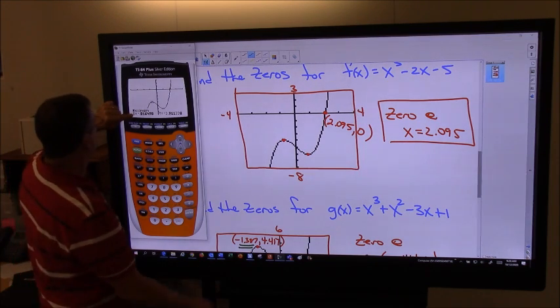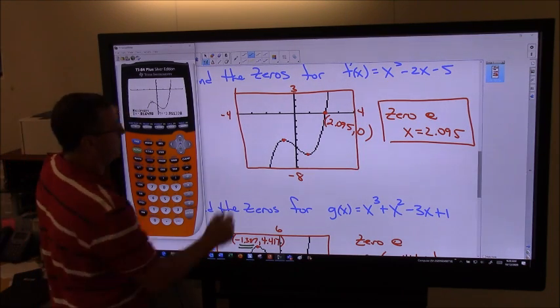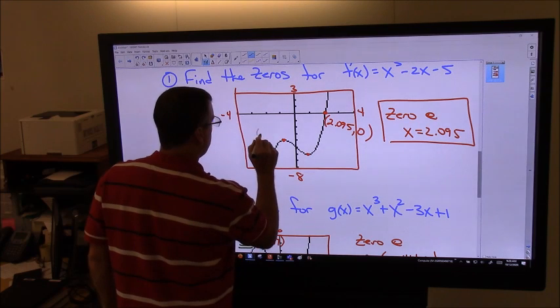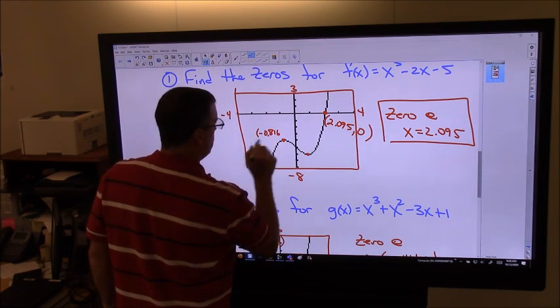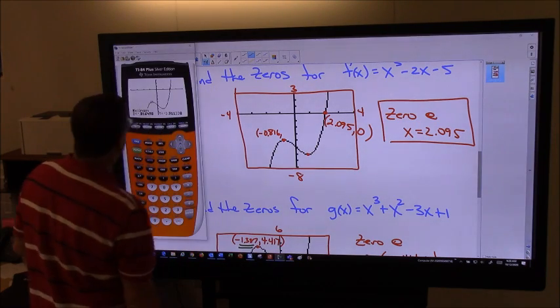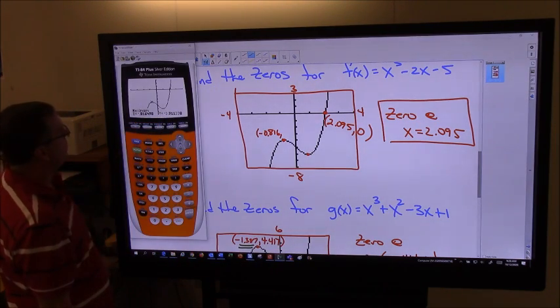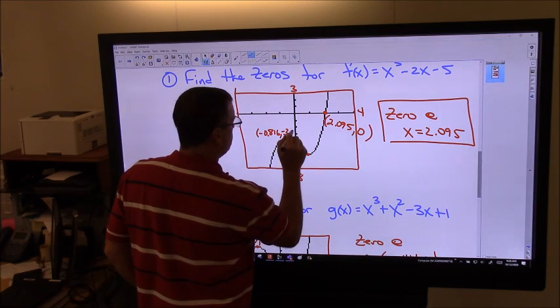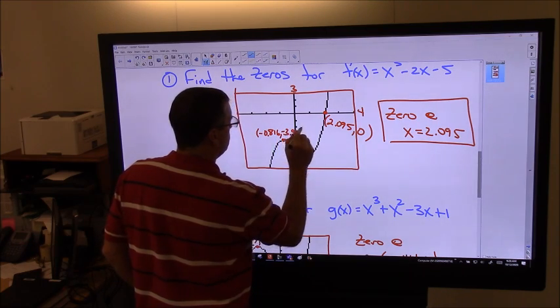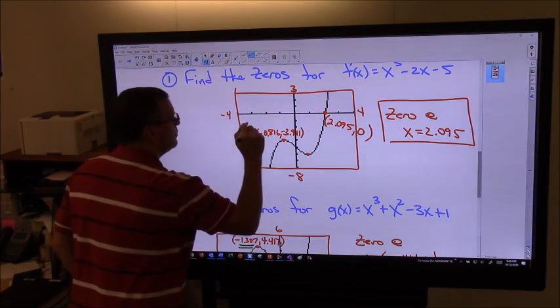Alright, so a -0.816. And then my y-coordinate was -3.911. There's my relative maximum.